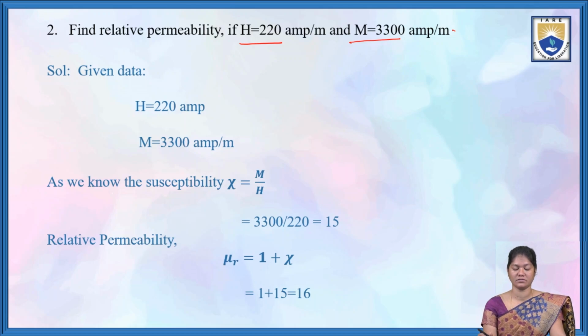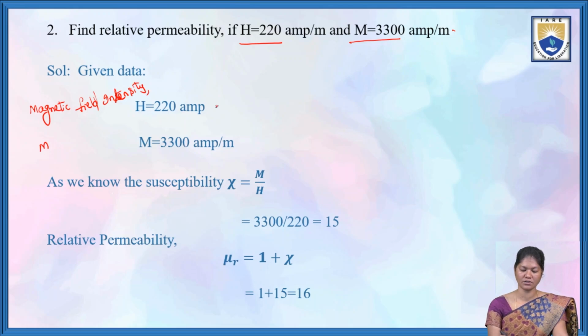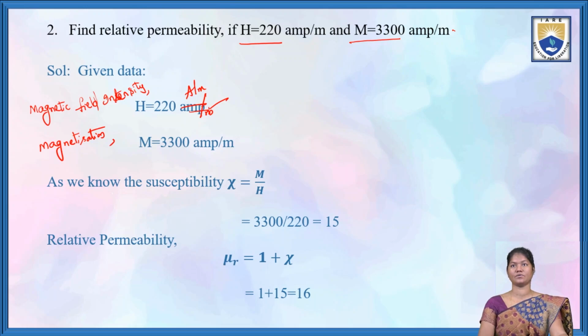So the data: magnetic field intensity H is equal to 220 amperes per meter, and magnetization M is equal to 3300 ampere per meter.